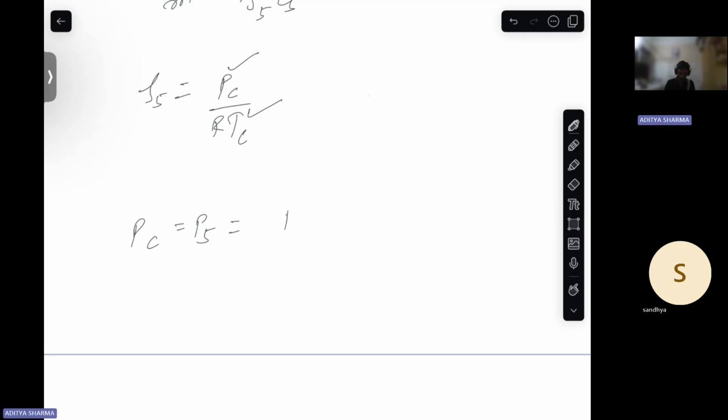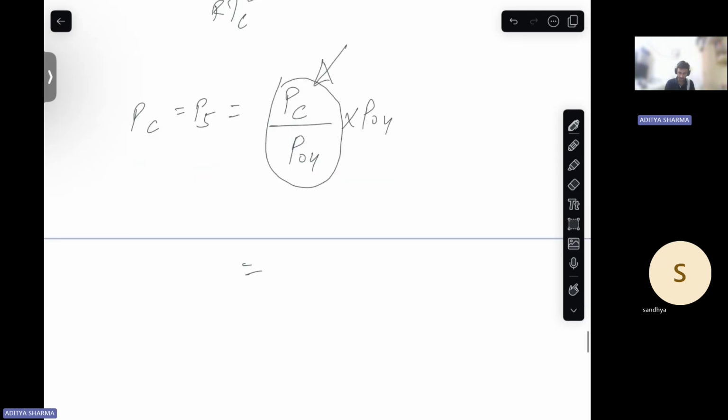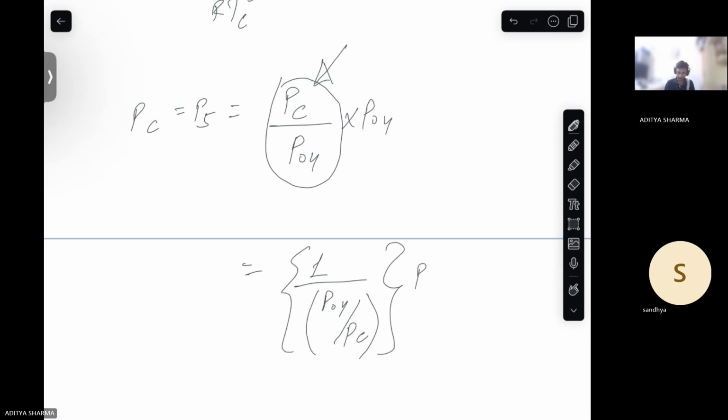PC. This you understood, right? P5 is PC. So what I'm doing is I'm multiplying it with P04 and I'm dividing it with P04. Now this whole thing I'm writing as 1 by P04 by PC. Nothing special. I hope this is clear.